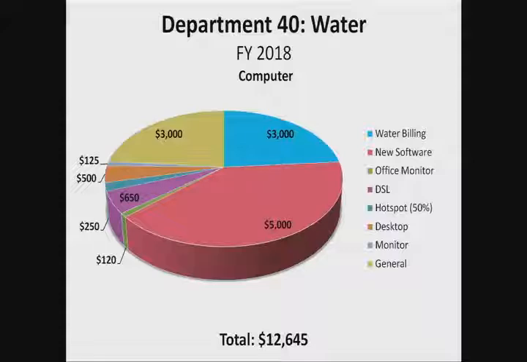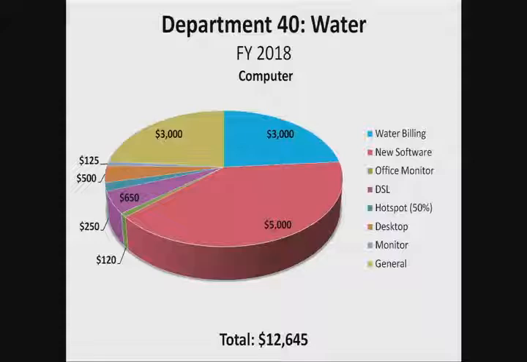The big item would be approximately $5,000 for new software at the water plant. The software at the plant that runs basically the system, not just your internet and things like that. The software that actually runs the system, calculates, looks at your chemicals, looks at your flows, everything.